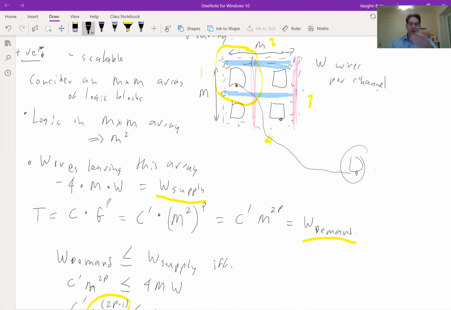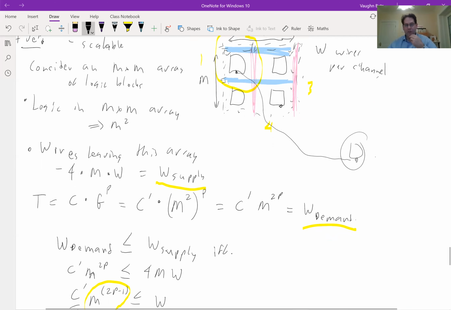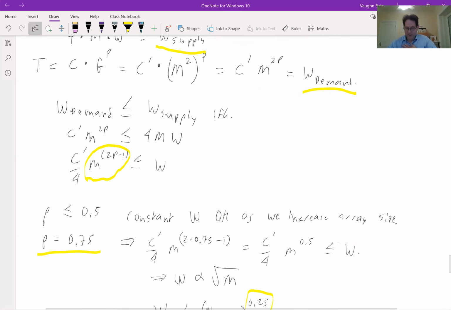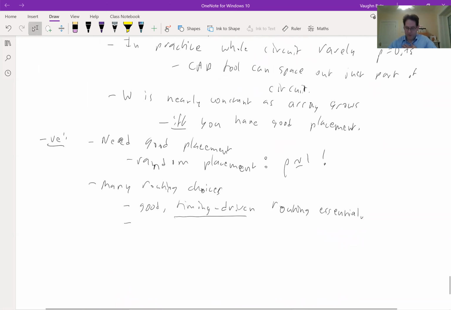But then what the best wiring is depends on exactly where I'm trying to go. So even if I have priority, there are many choices of short and long wires and how I can connect them together. So I still need an algorithm that's fairly clever that connects a fast route to go this exact distance. So timing driven routers are significantly more complicated than routers that don't have to worry about it. They just try to connect you up in some legal way.